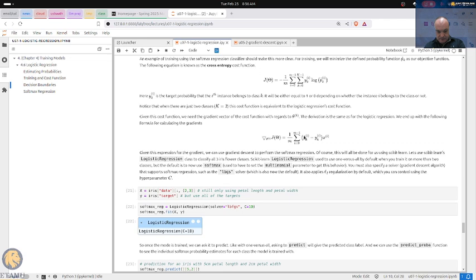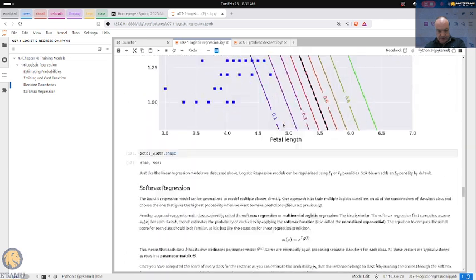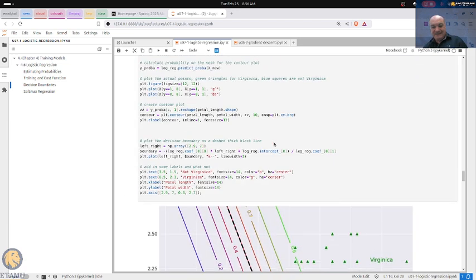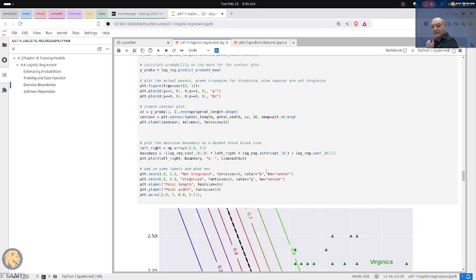So let's try and go through this a little bit. Everything up to this point from this notebook is the basics of using this new cost function for logistic regression.